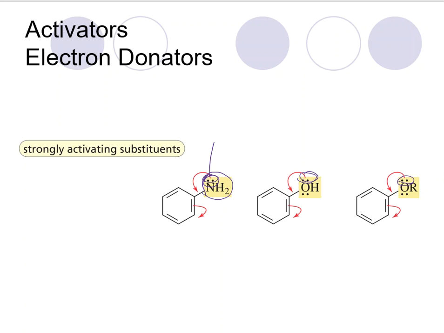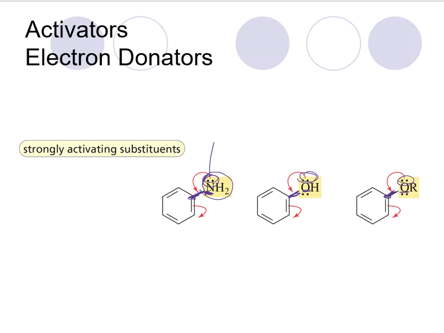So if the atom that is directly connected to the ring has a set of electrons like this, then those electrons can be donated to the ring. They can participate in delocalization. We've increased the number of electrons that can swim around in that benzene ring. We've made benzene a better nucleophile because of it, because there's more negatives, and the benzene will become activated, and it's more willing to participate in a reaction versus the normal run-of-the-mill benzene with nothing on it.